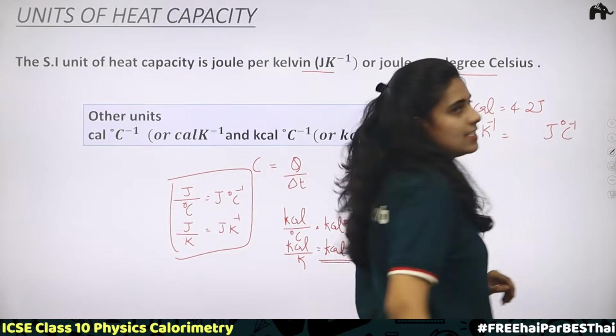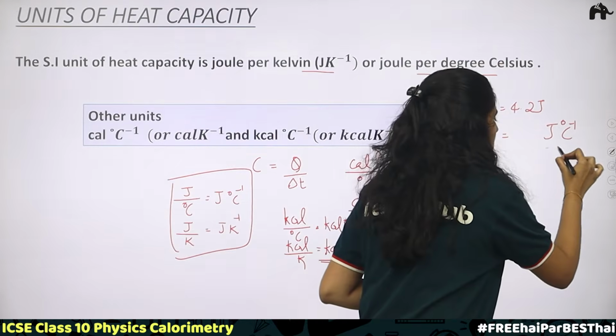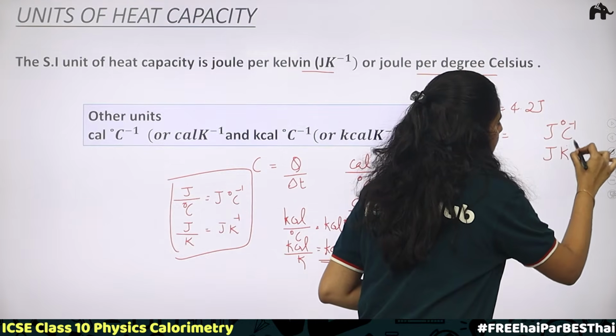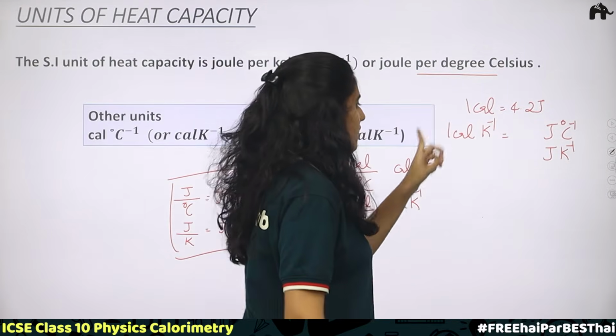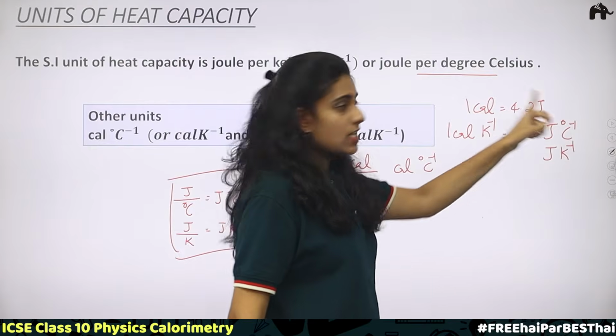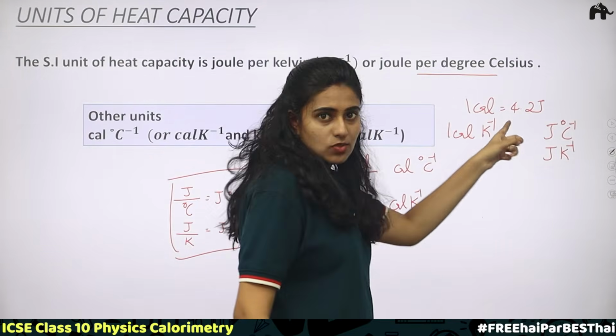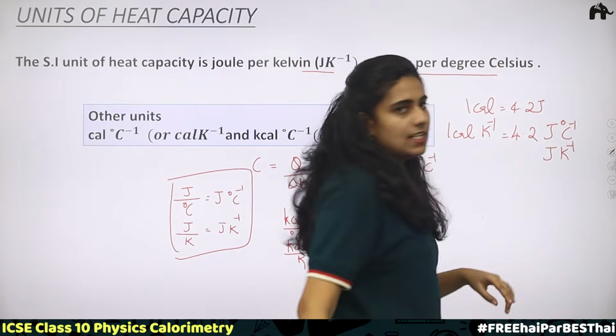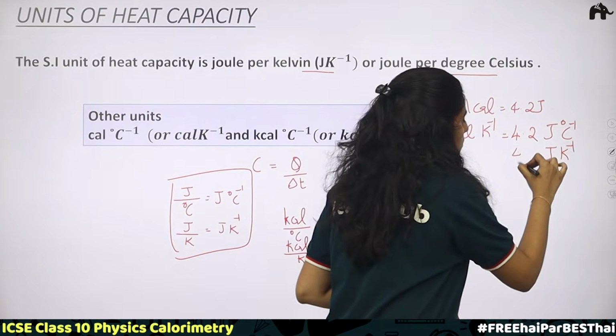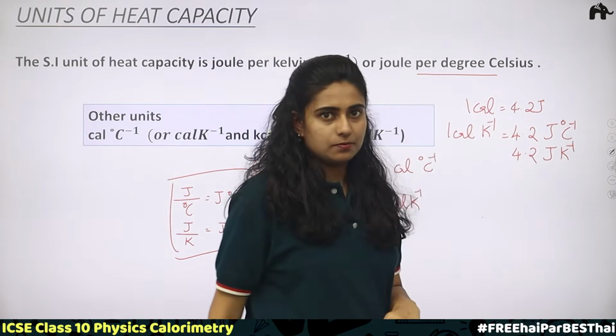How to convert this? Here we have 1 calorie, which we know is 4.2 joules. Therefore, 1 calorie Kelvin inverse will be equal to 4.2 joules degree Celsius inverse or 4.2 joules Kelvin inverse.